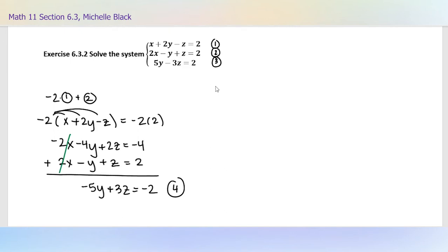Now what I'm going to do is add equation 3 and 4. And the reason I want to do that is because I noticed that I have a positive 5y and a negative 5y, so I know those will at least get eliminated. So I have 5y minus 3z equals 2 plus -5y plus 3z equals -2.